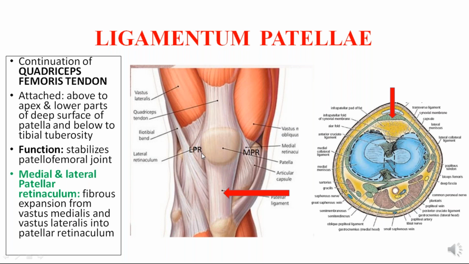And medially and laterally, the expansions from the medial side are from vastus medialis, and from the lateral side from vastus lateralis, which blend with the capsule and strengthen it. These expansions are known as the medial patellar retinaculum and the lateral patellar retinaculum.